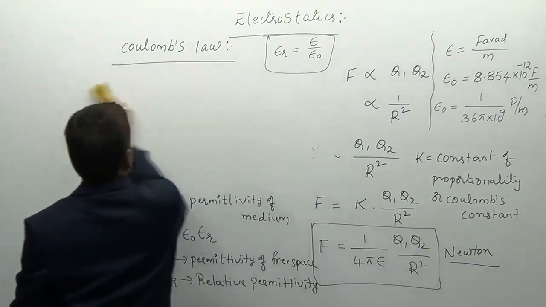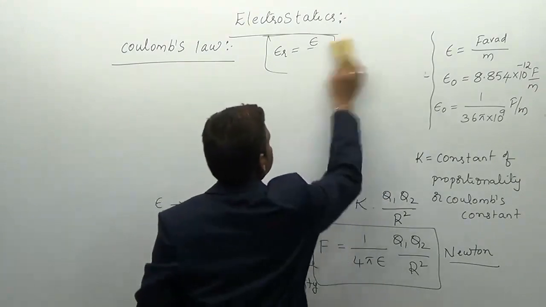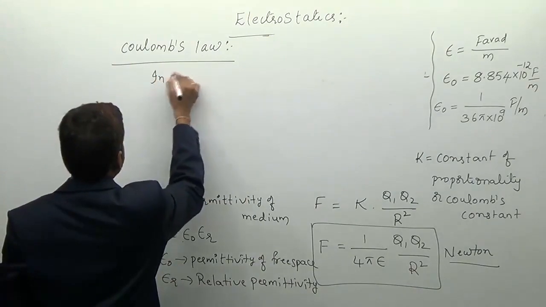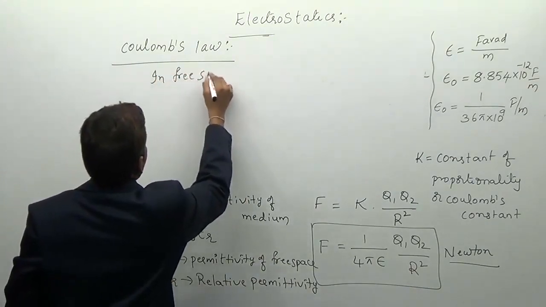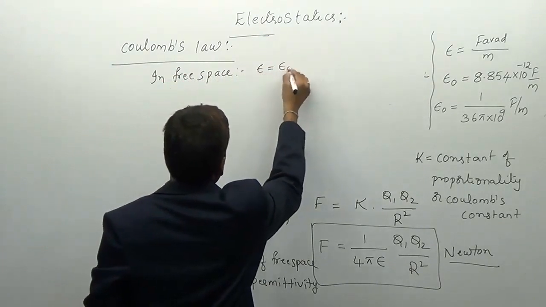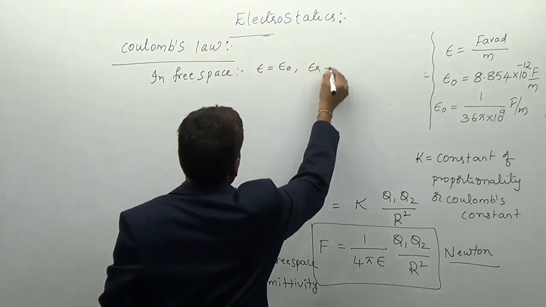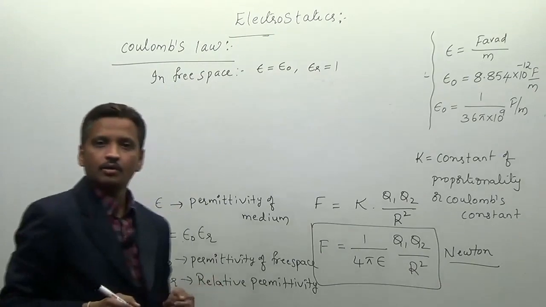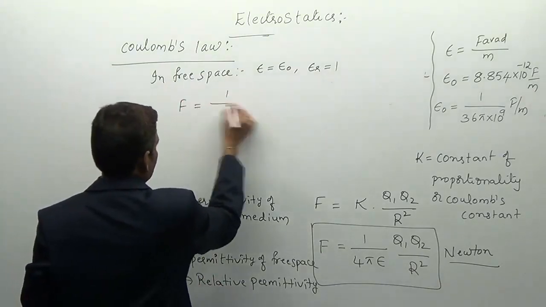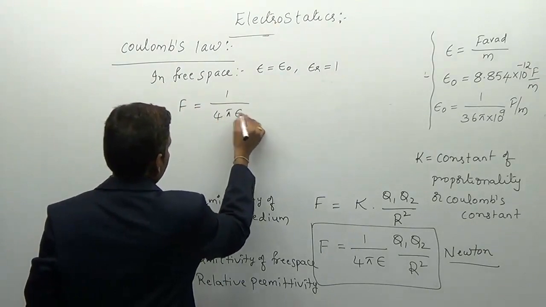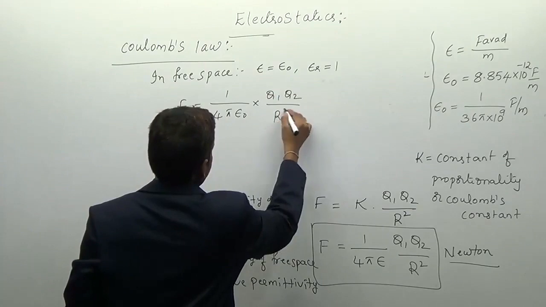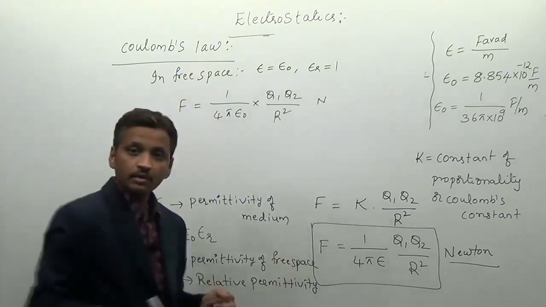So in free space, epsilon will be equal to epsilon naught, or we can say epsilon R equal to 1, relative permittivity equal to 1. Then the force will be equivalent to 1 by 4 pi epsilon naught into Q1 Q2 by R square newtons.